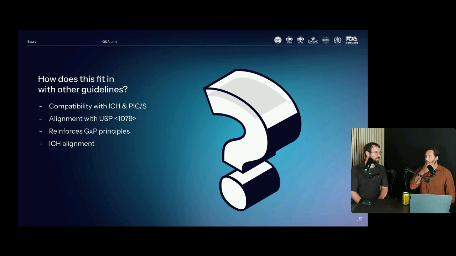If you start from a list of complexity, you have the USP, the good practice, the GXP statements, and then moving on to the WHO guidelines, and then more details like PICS and also the ISPE guidelines. So basically vice versa what I just said.